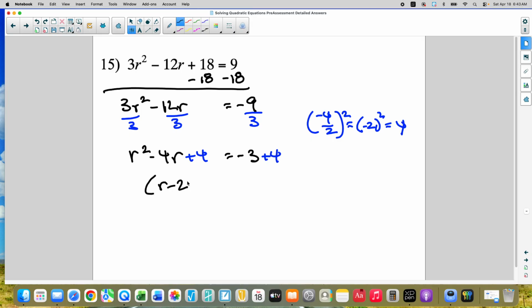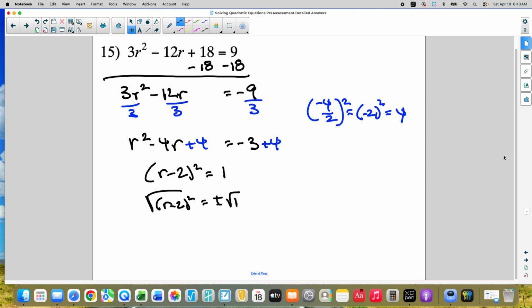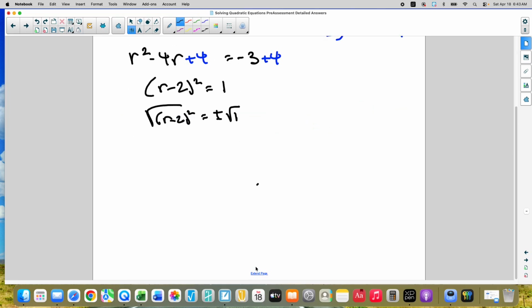R minus 2 quantity squared equals 1. We like that. R minus 2 equals plus or minus square root of 1. R minus 2 equals plus or minus 1, add 2.